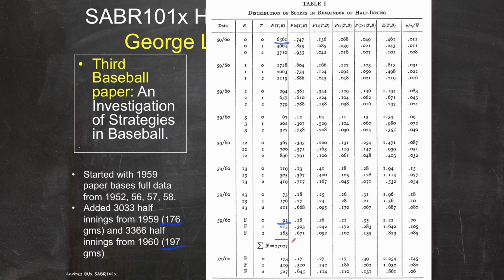All the different base state situations that he analyzed are here. So only 92 out of about 27,000 times did he reach this state of outs, 0, and bases loaded, full bases. And so that's what this column represents, is the frequency that these situations occur.